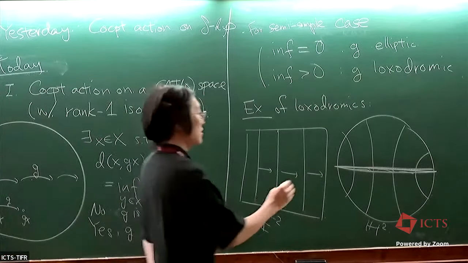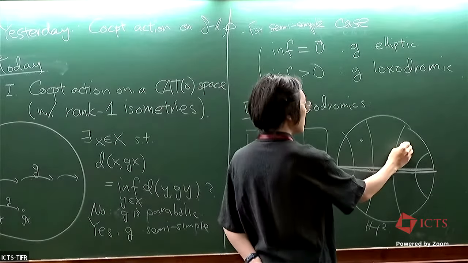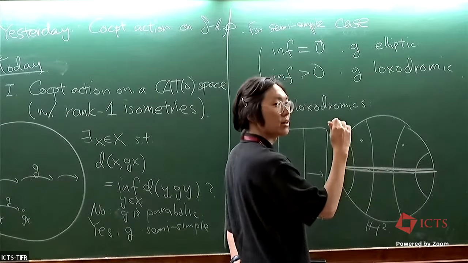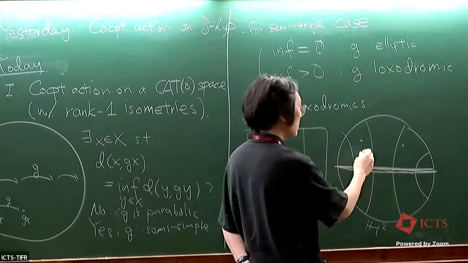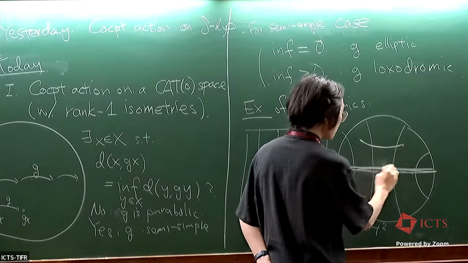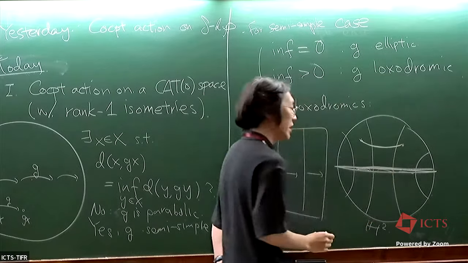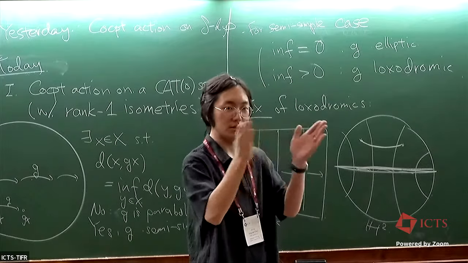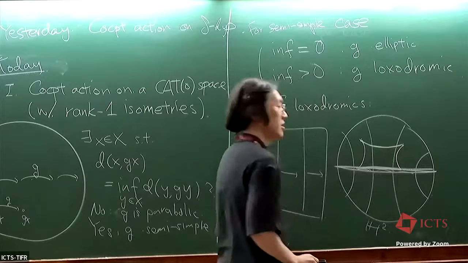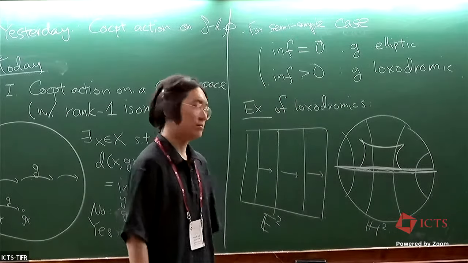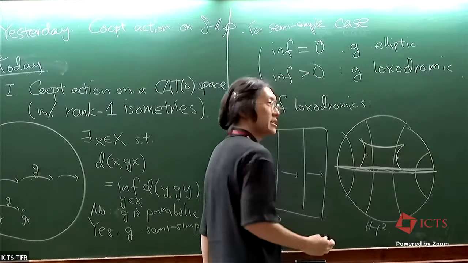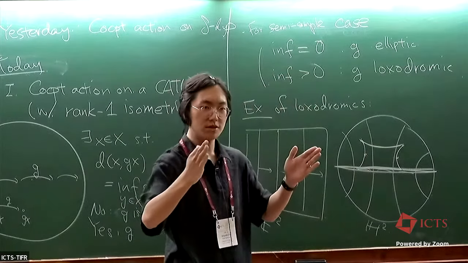And why is this the case? Because if the infimum set was not a geodesic, then this point and this point have the same infimal displacement, but in the quadrilateral that you draw, if you take the midpoint, there's some kind of contraction, right?